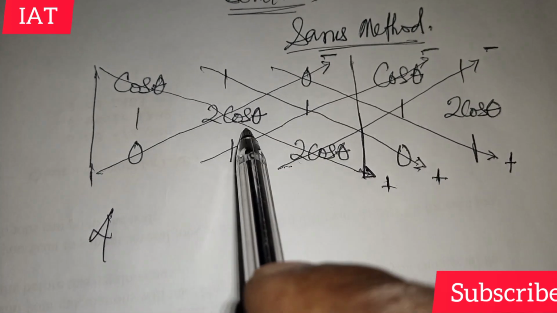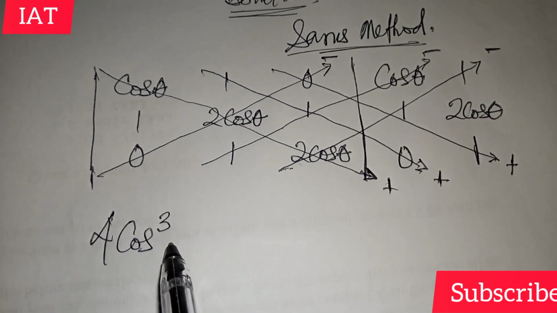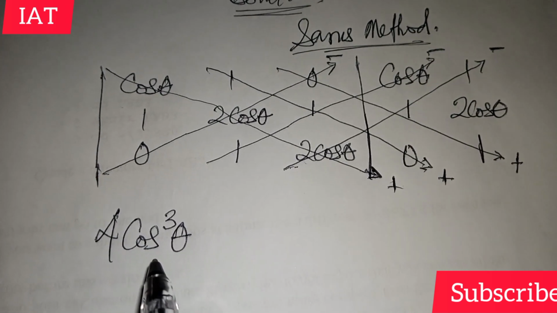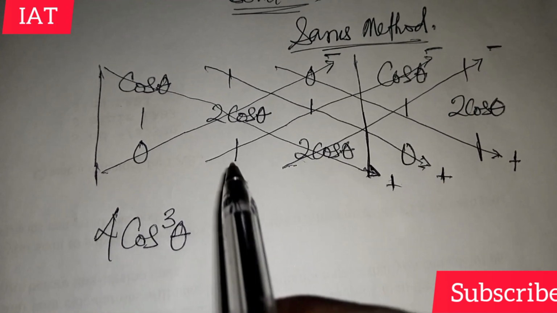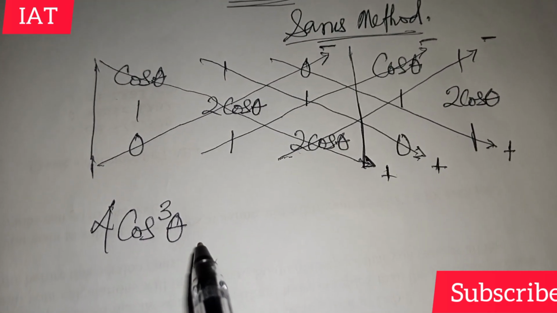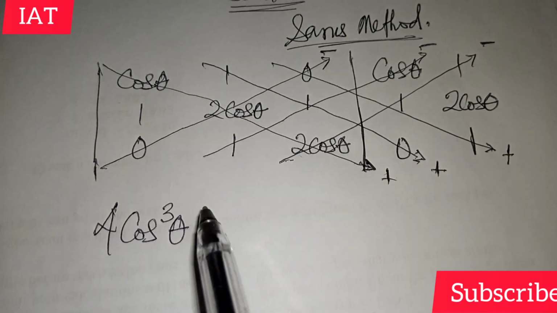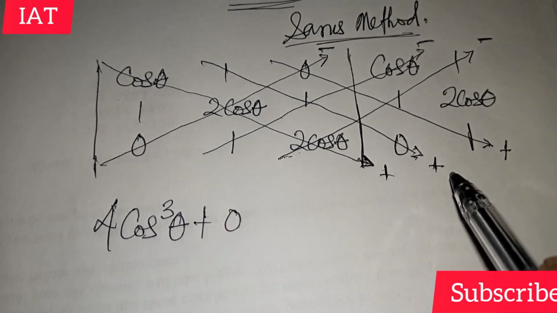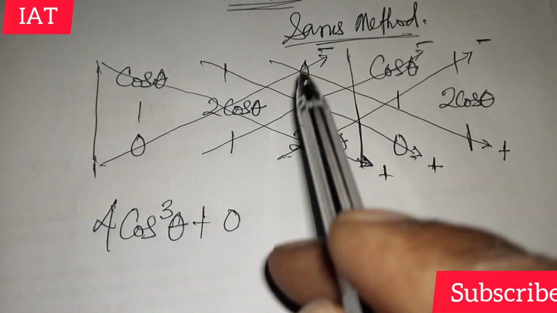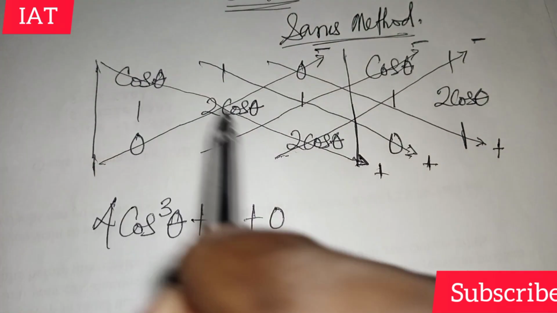Then cos times cos times cos, that is cos cube theta, the third power of cos, because cos times cos is cos squared, times cos is cos cube. Again, 1 times 1 times 0, that's 0. So we have plus 0 because it's positive sign. 0 times 1 times 1 is 0, plus 0. Alright, we are done with this.